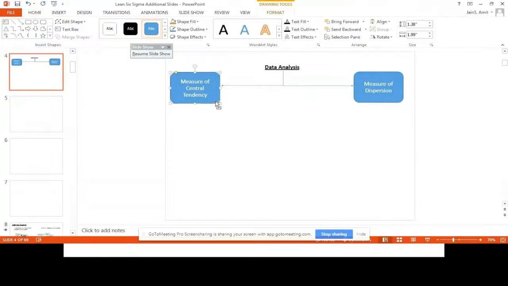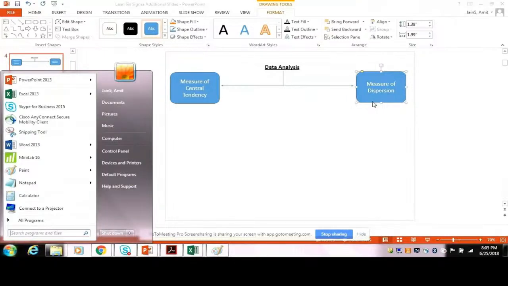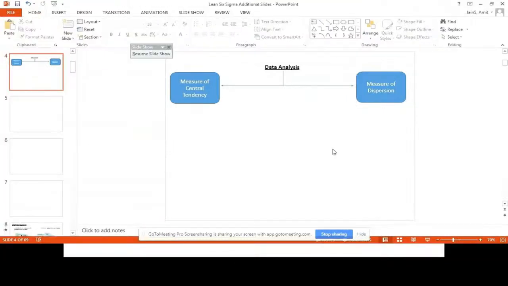Let me try and explain. We use average a lot, right? We say on an average, how much is the per capita income of a country, or on an average, how much is the money that people at a certain designation make. So what is average? Average is that one number which is telling us about the entire data set, which is representative of the entire data set.